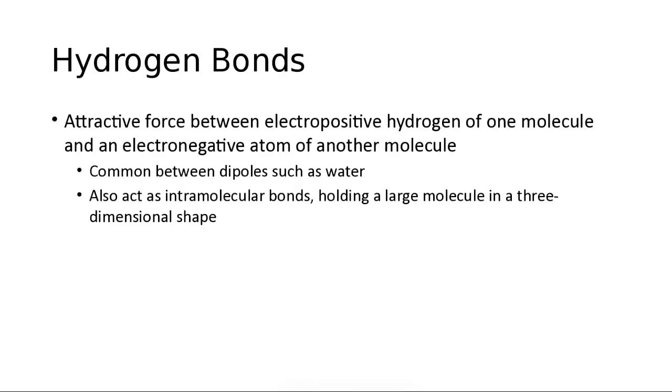This is the second part of Chapter 2, and we'll continue talking about chemicals. Now, we introduced the idea of polarity among molecules, that one side of a molecule can be very positive and another side can be very negative.